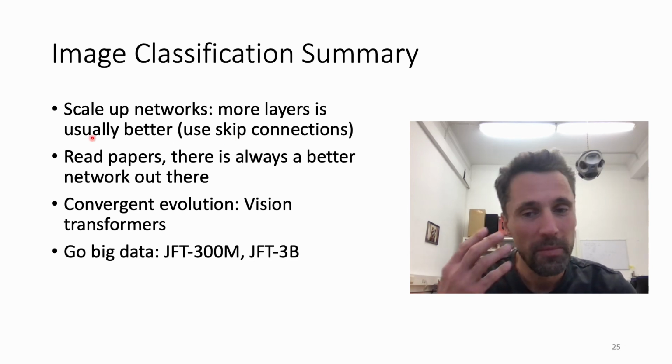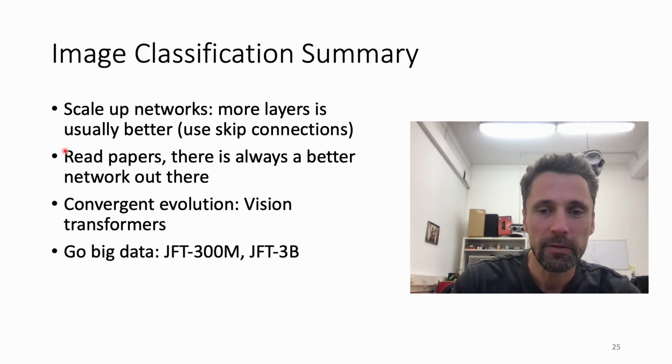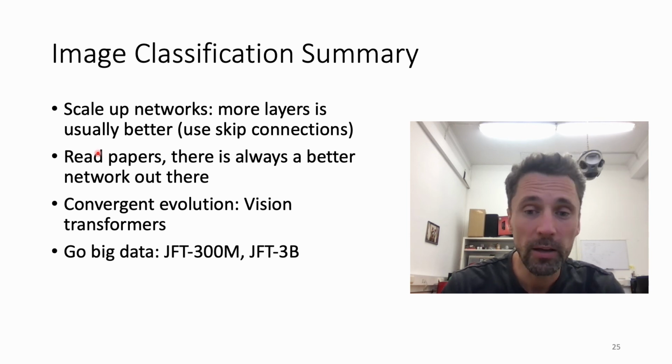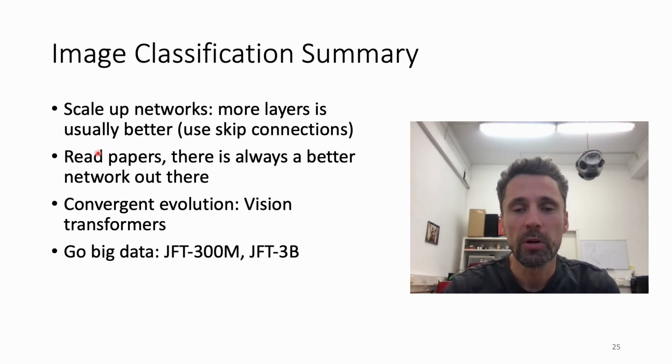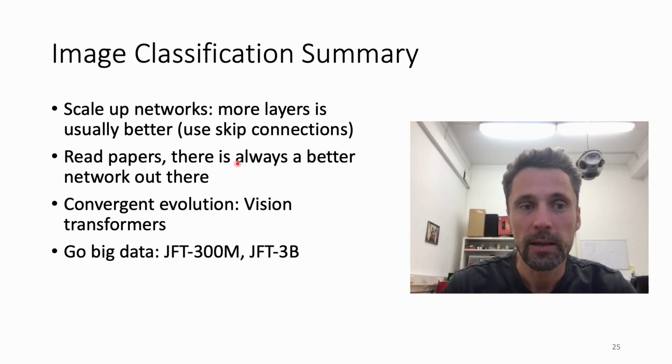And that brings me to the point, there's always a better model. Just go on Google and find ImageNet results or image classification challenge results, and you will find a better model. Just read the paper and you will find solutions and tweaks that will make your results better.